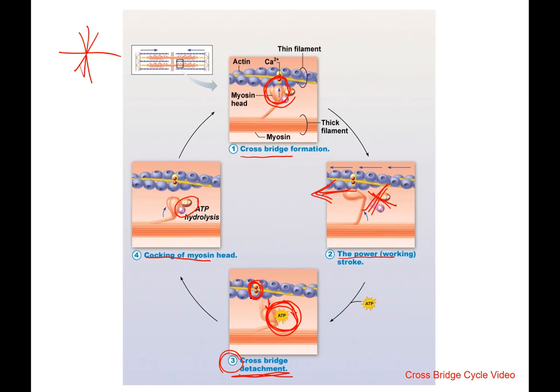But you can't detach a cross bridge because what you're not making when you're dead is ATP. So that cross bridge can't detach. And so your sarcomeres get stuck in this position. Okay, you cannot detach that cross bridge. So this is how your muscles get stuck in a position.